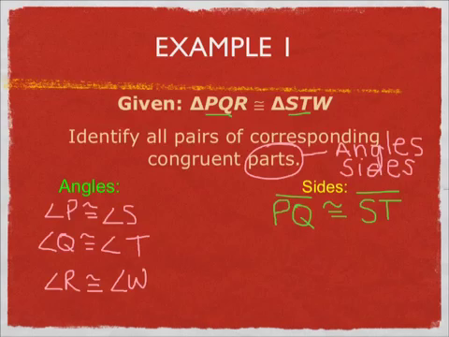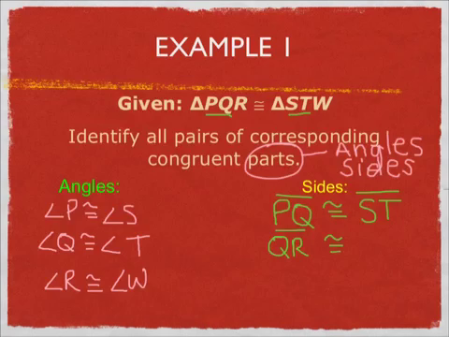What would be another segment in the first triangle? Go ahead, Darian. We said PQ. QR would be one. So QR. Ryan, what would QR match up with in the other triangle?